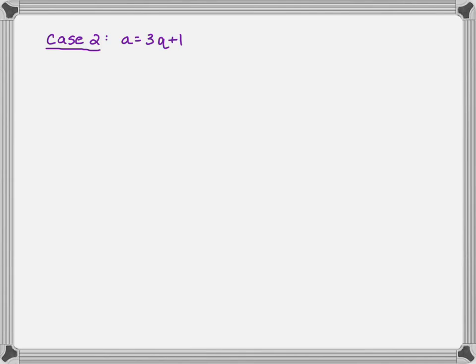Let's look at the next case. Here we have that a is equal to 3q plus 1. So we have a squared is going to be equal to (3q plus 1) squared. And if we distribute that, we're going to get 9q squared plus 6q plus 1.